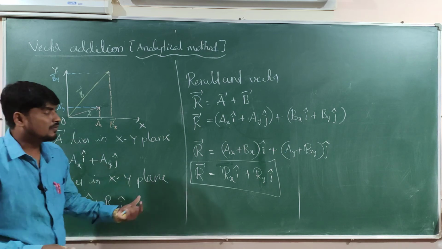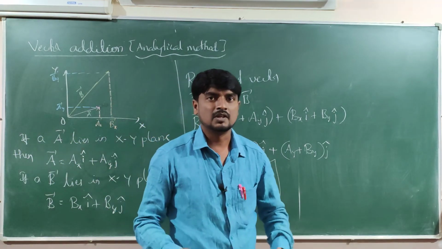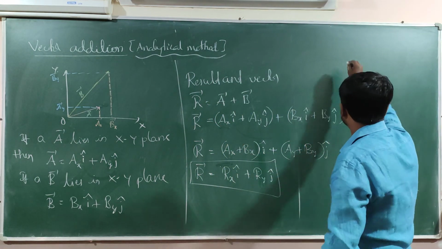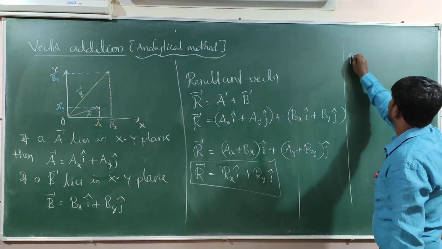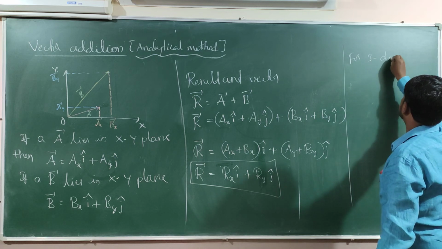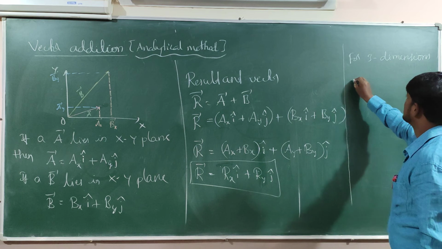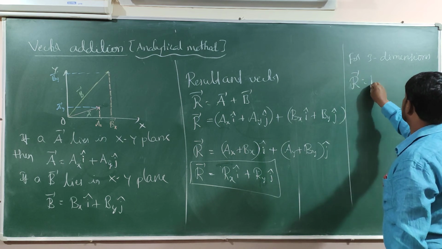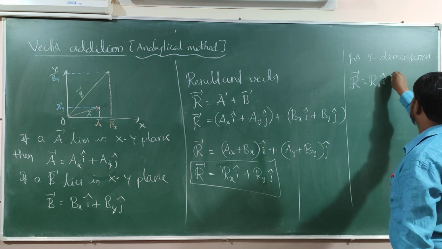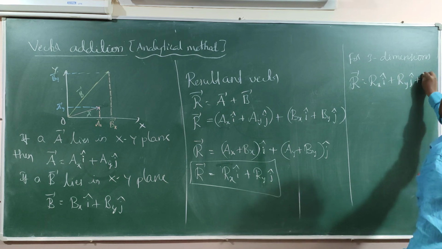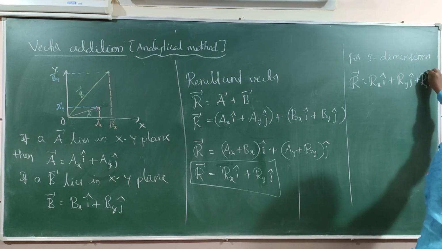Similarly, if we have 3 dimensions, there is one more term. Let me write it for 3 dimensions. For 3 dimensions, vector R is given by Rx i cap plus Ry j cap plus Rz k cap.